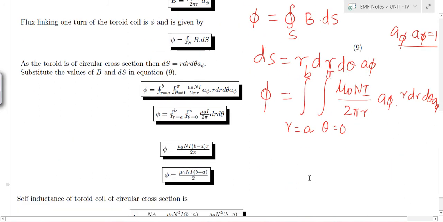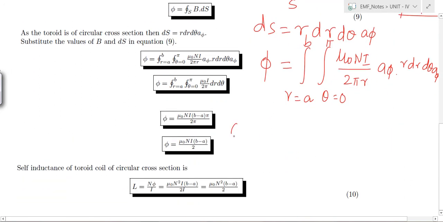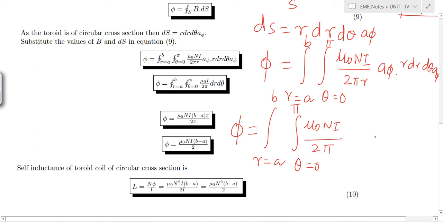Then psi is equal to the integral r from a to b, integral theta from 0 to pi, of mu naught N I by 2 pi r. Sorry, here the r will remain, r dr d theta.